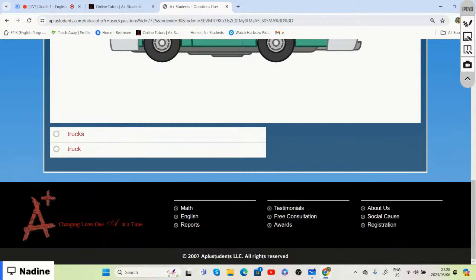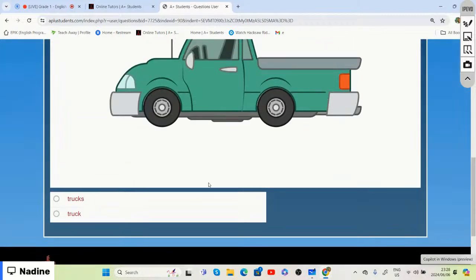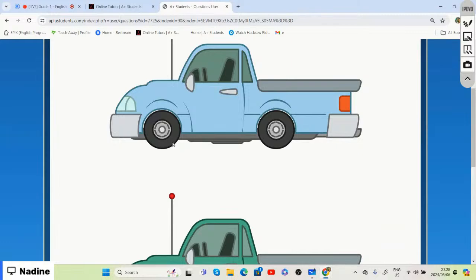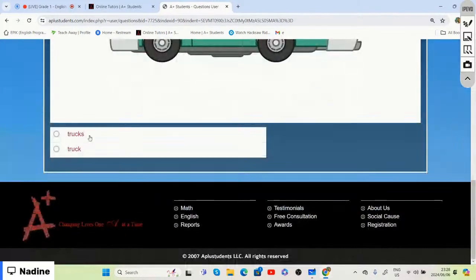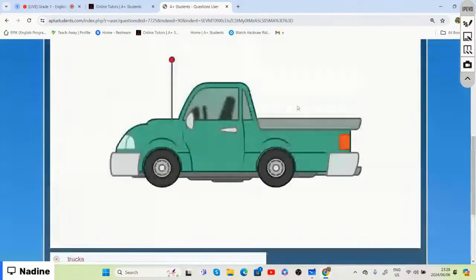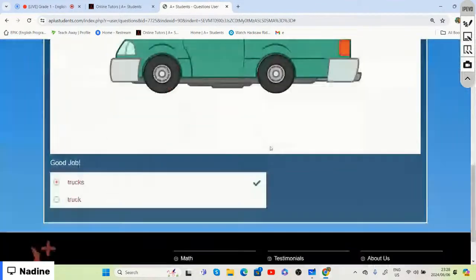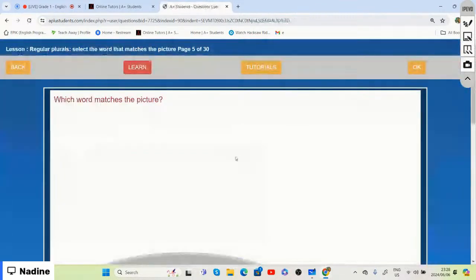Yes, and if we were to write the correct one, then we would say there's one, two. So we say trucks. And it ends with an S because it shows that it is plural, right? So trucks. So well done. Trucks is correct.